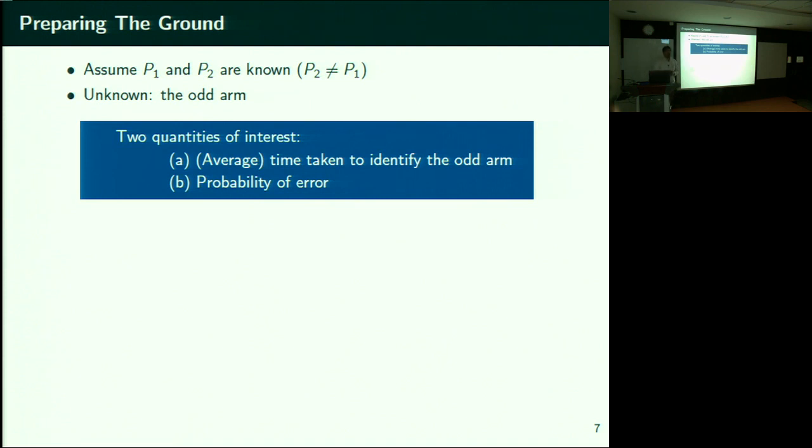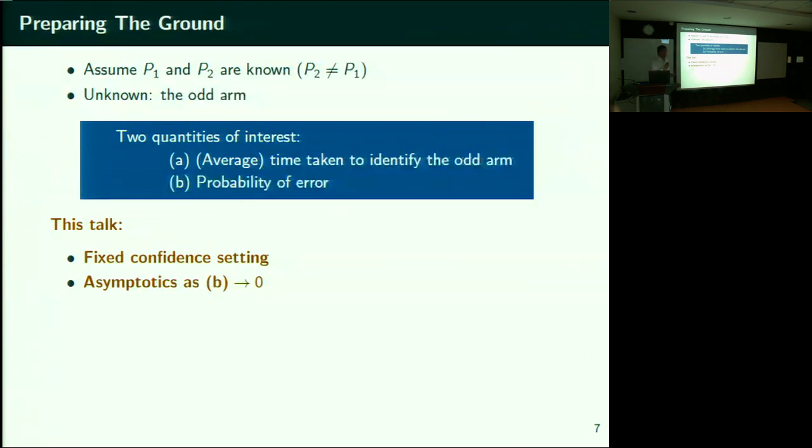Now what people generally do in the literature is they fix one of them and they quantify the other in terms of whatever was fixed. So in this talk, what I'm going to do is I'm going to fix probability of error, and then I'm going to tell you how this average time that you take to identify the odd arm looks as a function of the given probability of error. And I'm going to let this go to 0, and I'm going to tell you at what rate it grows.